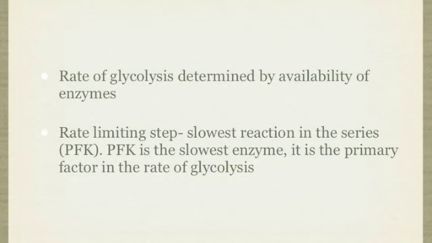And the book discusses what's called the rate limiting step. That's the slowest enzymatic activity in this whole process, which is PFK. And so this enzyme really determines the rate of glycolysis.